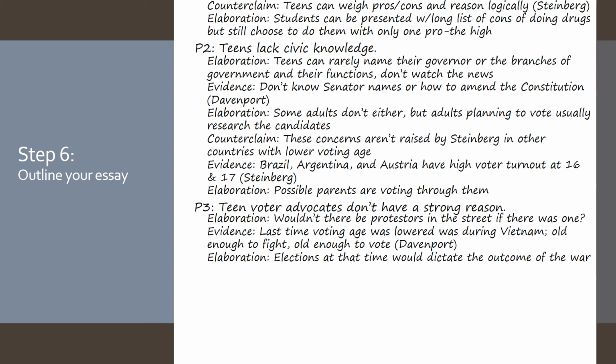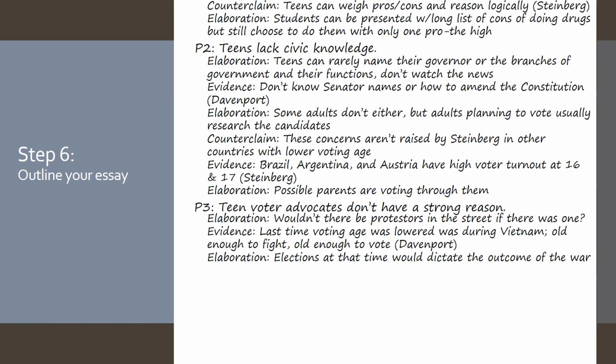So if they're going to die for their country, shouldn't they have a say in which person is president? Because the president or whoever they're electing is pretty much deciding how much longer this war is going to go on. So elections at that time would definitely dictate the outcome of the war, which directly affected the 18-year-olds. So of course it would be important that they would be able to vote.